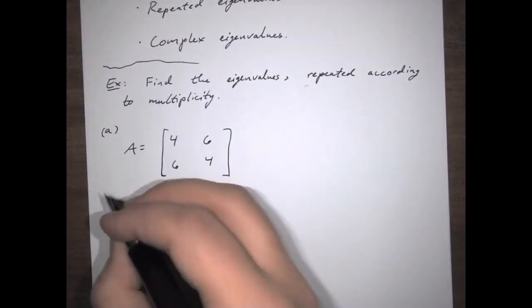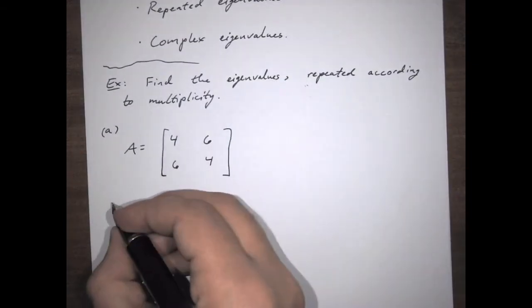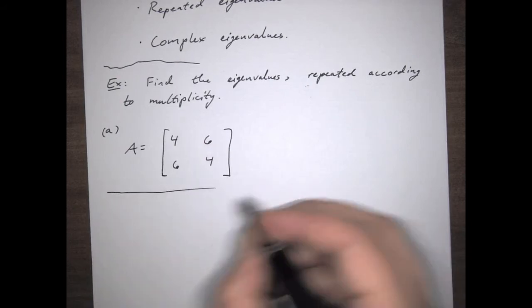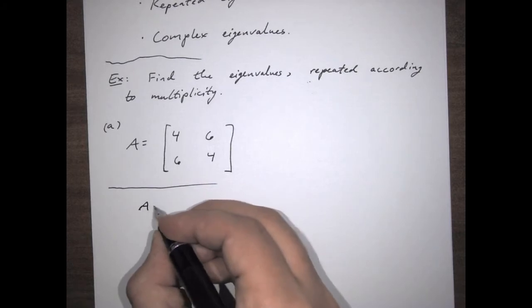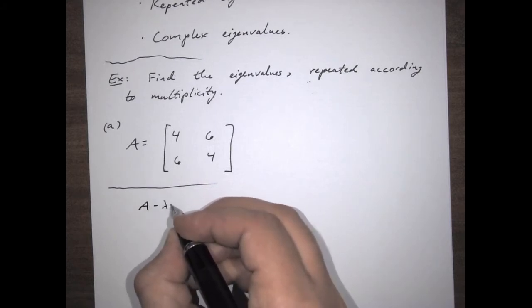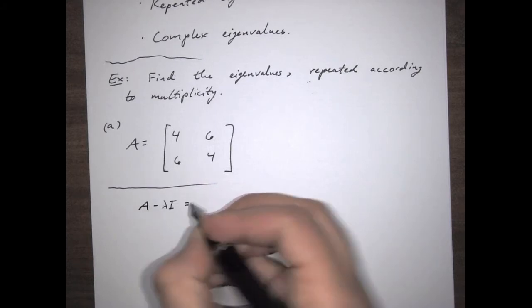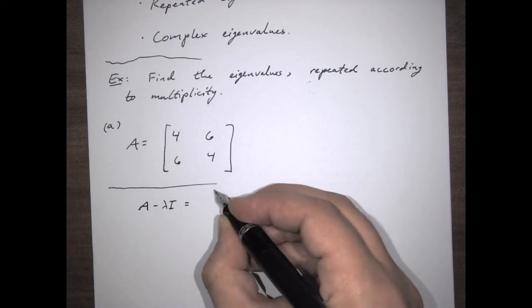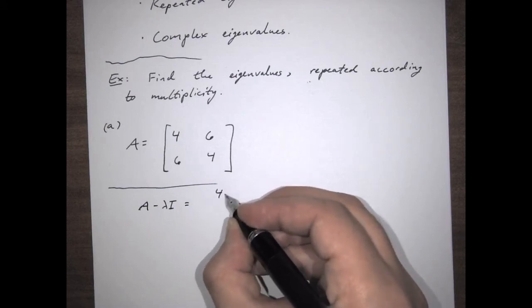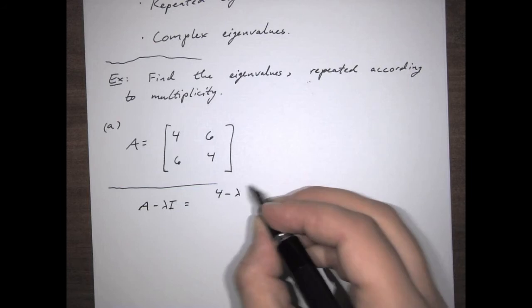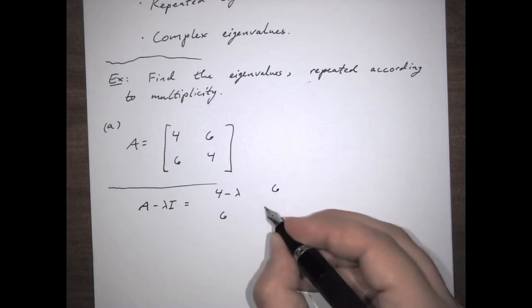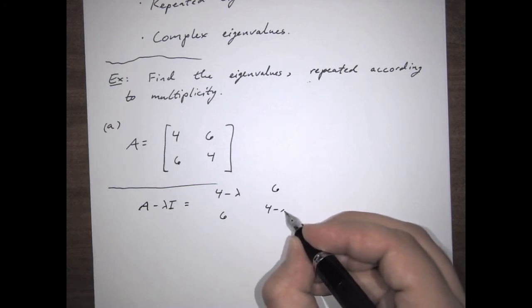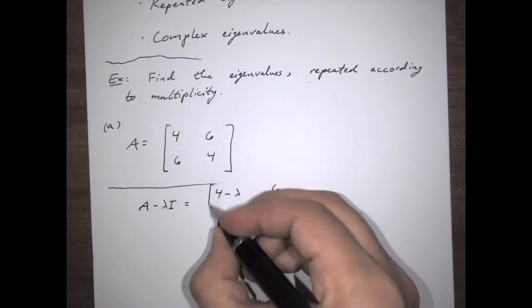So let's go through the motions so you can see what we have to do. We have to figure out first what is A minus lambda I. This is a matrix that involves an unknown: 4 minus lambda, 6, 6, and 4 minus lambda.